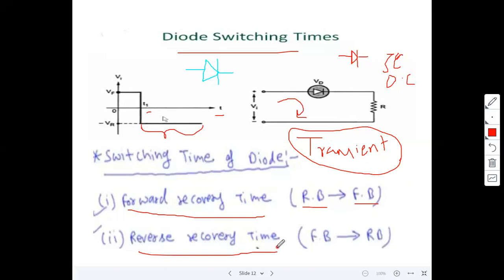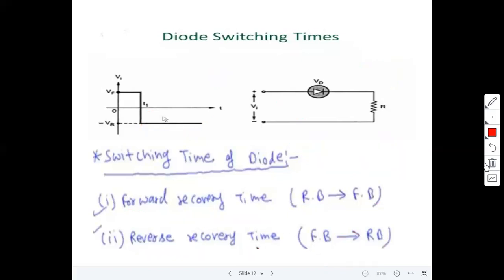Similarly, reverse recovery time means the diode is already operated in forward bias. Now we apply some negative voltage to the diode, and the diode enters into reverse bias. But how much time will it take from forward to reverse bias? That time is called the reverse recovery time. Once again, forward recovery time: the diode is in reverse bias, suddenly we apply positive voltage and it enters forward bias; how much time does it take from reverse to forward bias?